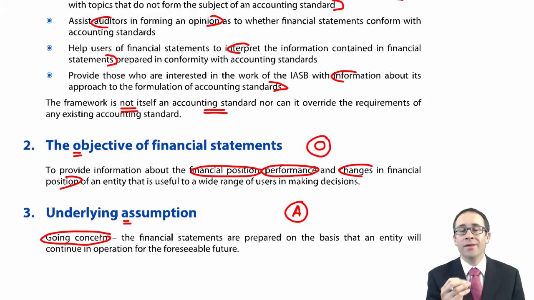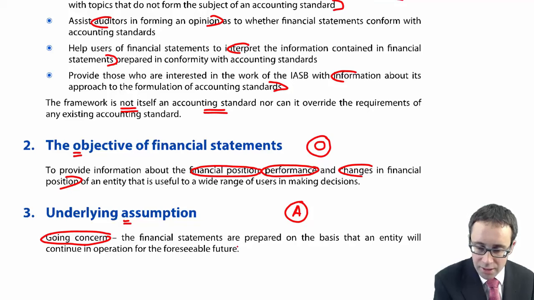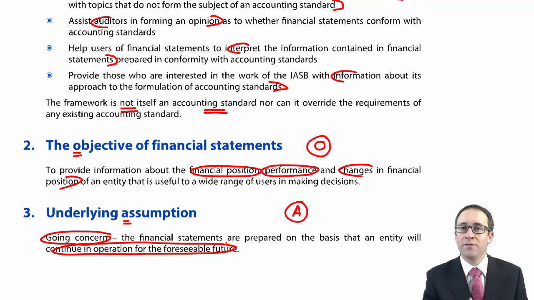Then at your certificate level, we looked at the statement of financial position. We said, look, we're going to prepare it based on the going concern basis. So therefore, we show your non-current and current assets and non-current and current liabilities, on the basis that you are going to continue to operate for the foreseeable future. If you don't intend to operate for the foreseeable future, you will have to change the basis of the preparation, but that's beyond the scope of the syllabus here.